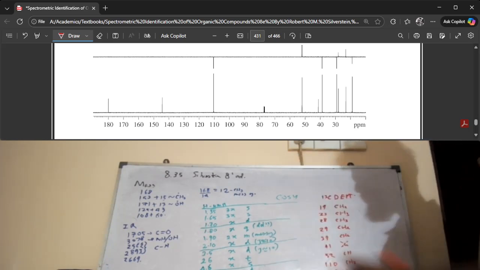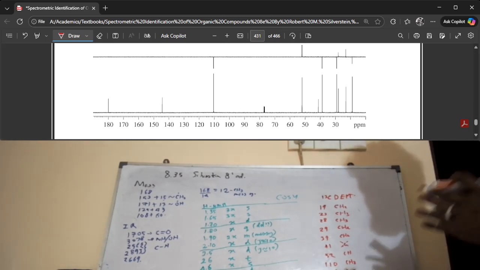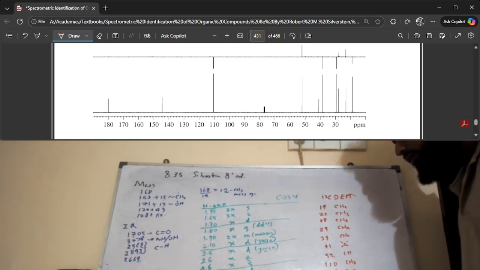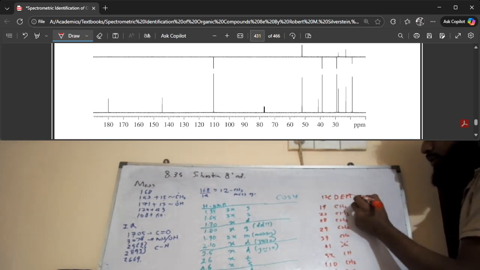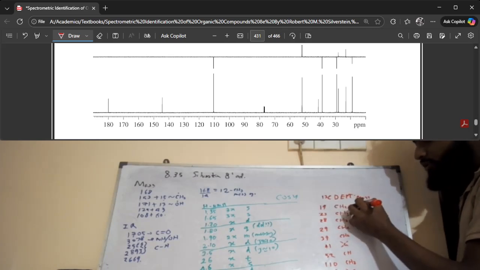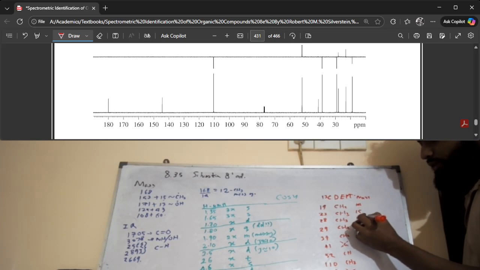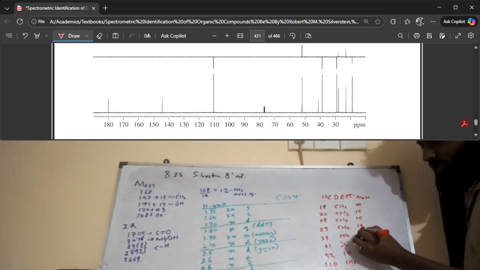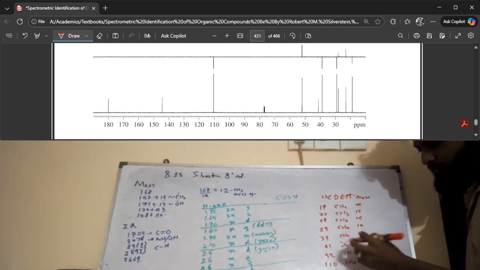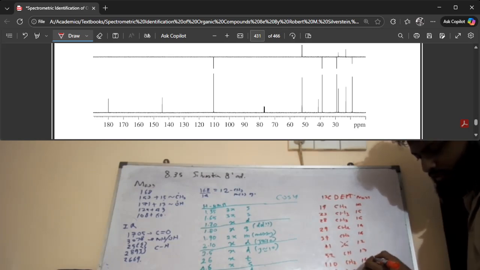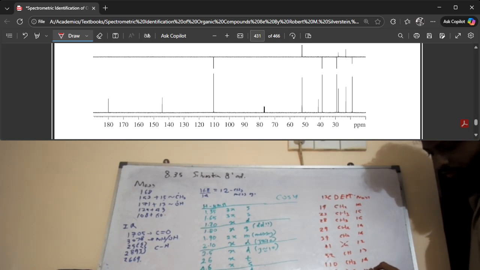So everything about the data that we have right now is telling us that we almost definitely have a carboxylic acid. I'm going to do something else. I'm going to consider the mass of these units. This is 14 atomic mass units. This one's 15, this one's 15, this one's 14, this one's 14, this one's 12 because carbon and no hydrogens, carbon and one hydrogen 13, carbon and two hydrogens 14, just the carbon is 12, just the carbon is 12.